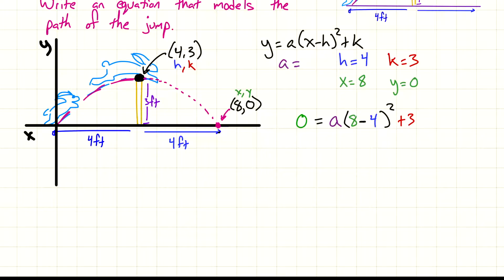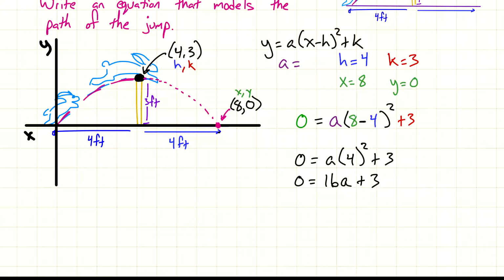All right, so let's simplify this. Let's start with 0 equals a, and let's focus on the parentheses. 8 minus 4 is 4. So that's squared plus 3. And what is 4 squared? 4 squared is 16. So this is going to be 16a. I'm going to put that in front of the a now. And there's a plus 3. Okay, so now I'm trying to get a by itself.